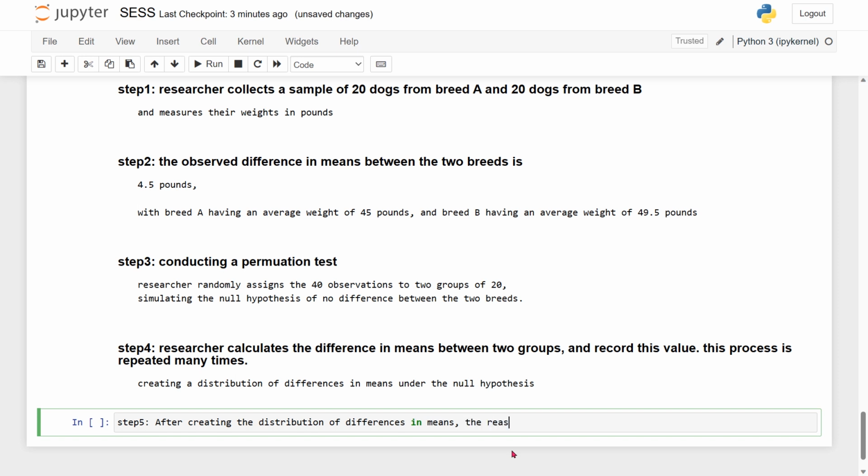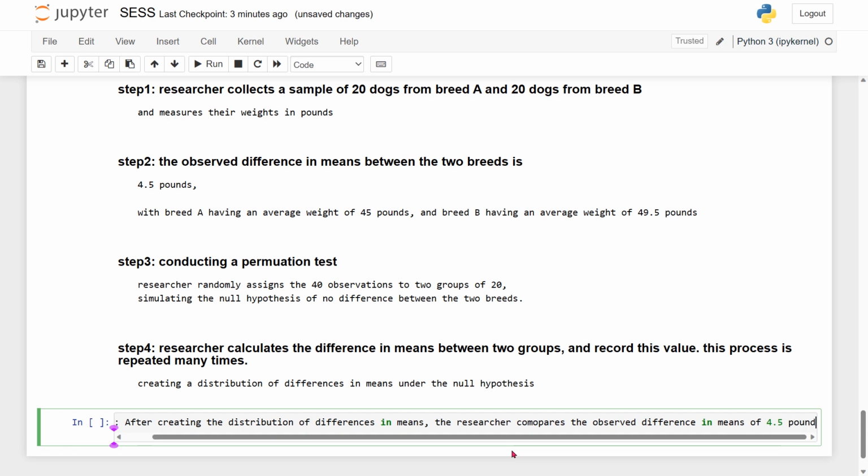The researcher compares the observed difference in means of 4.5 pounds to this distribution.